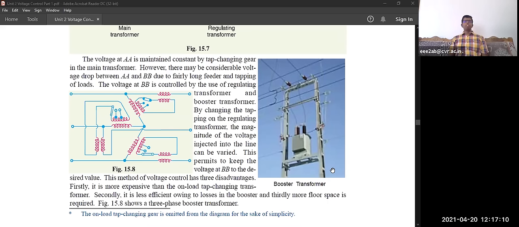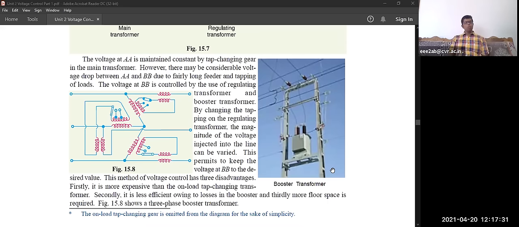They planned to install more distribution transformers, one every two or three streets, so that your losses will decrease and the voltage level will also be maintained at a constant value. So they have replaced all this.